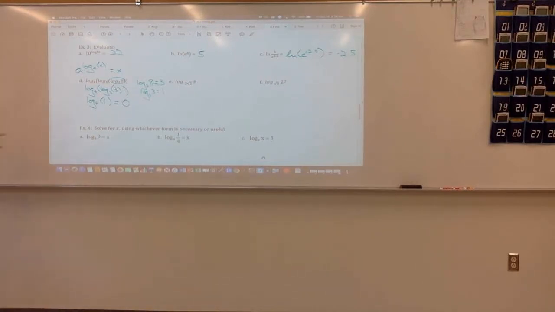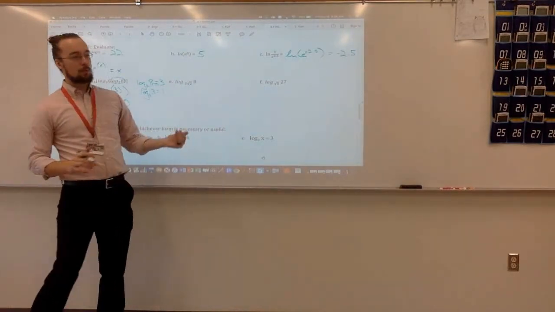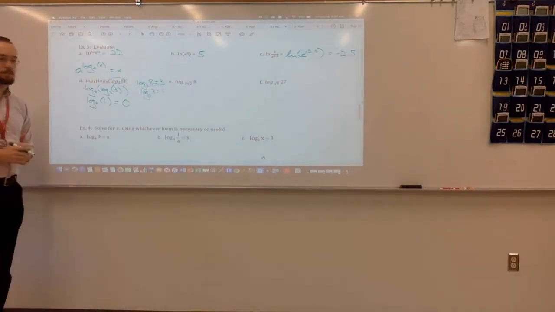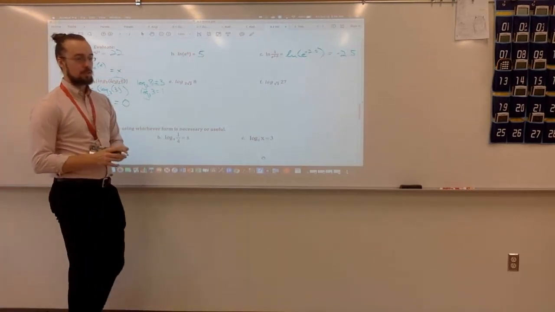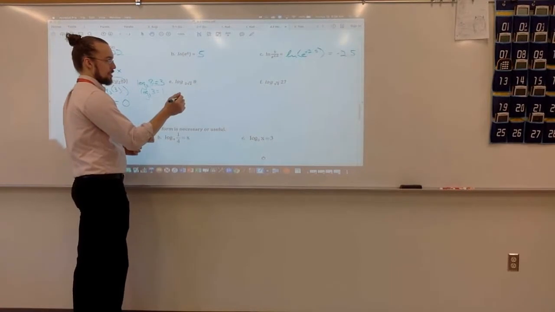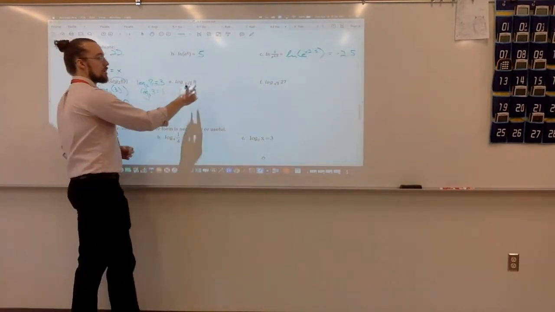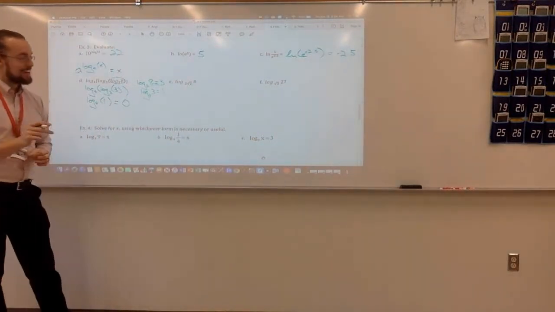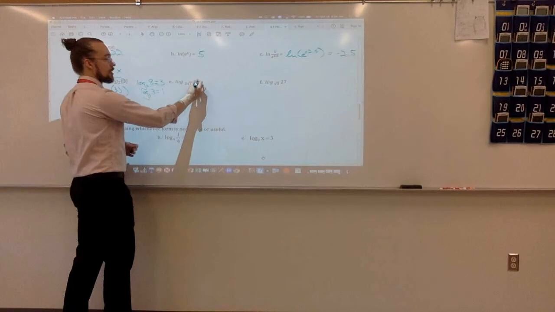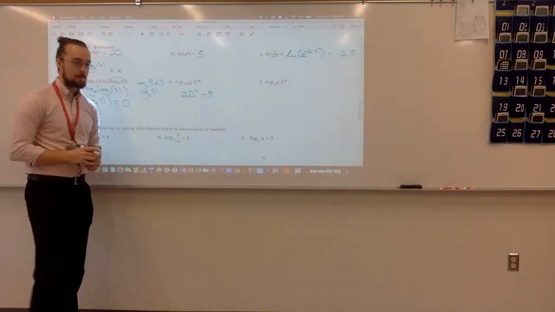How about this one? Log base 2 square root of 2 of 8. So what we're saying is, 2 square root of 2 to what power equals 8?